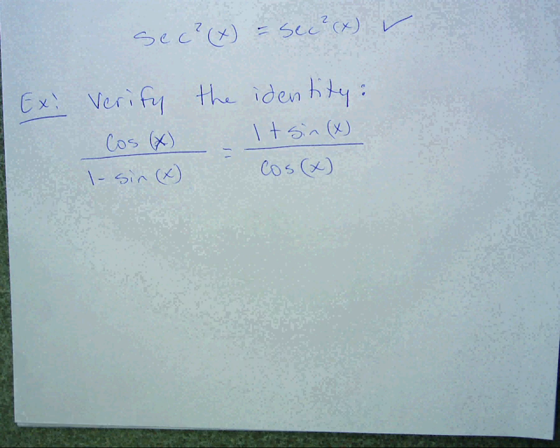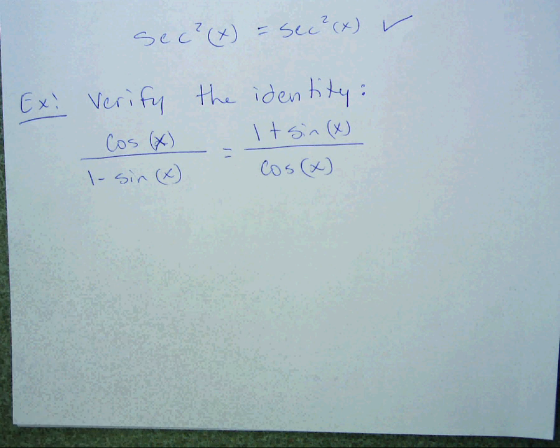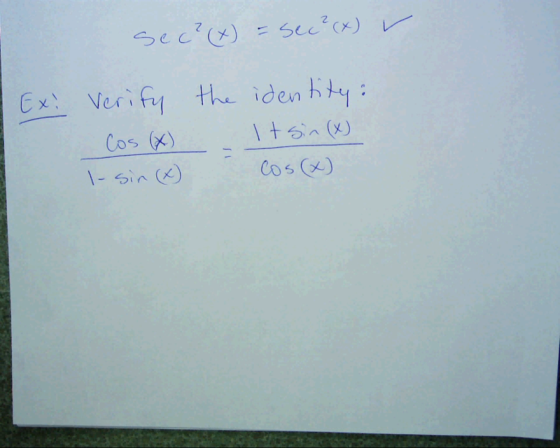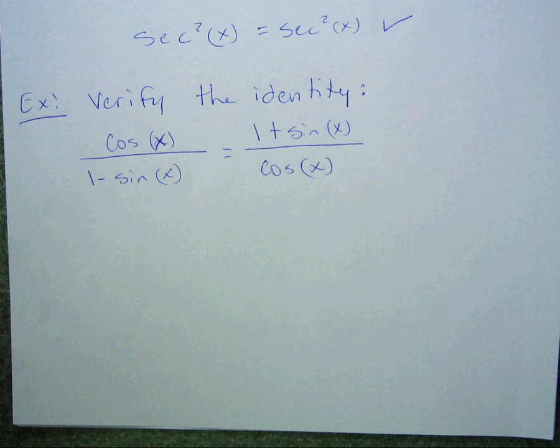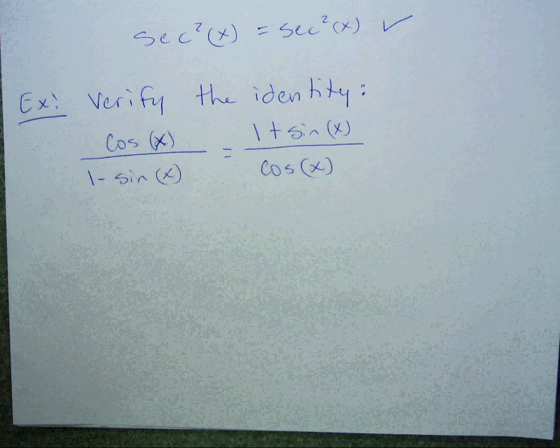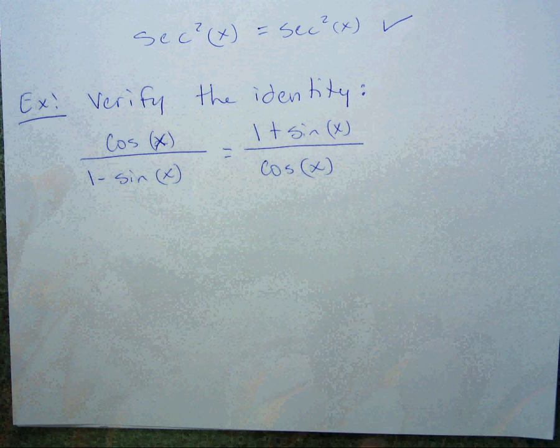All right, so I have cosine of x over 1 minus sine of x equals 1 plus sine of x over cosine of x. Now, in the previous example, I said to start with the one that looks most complicated. Looking at both of these, they're both fractions. They look about the same amount of complicated.